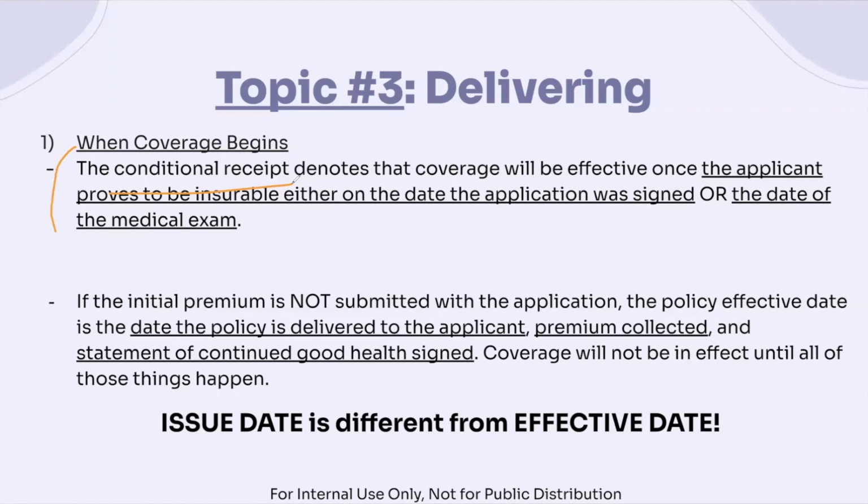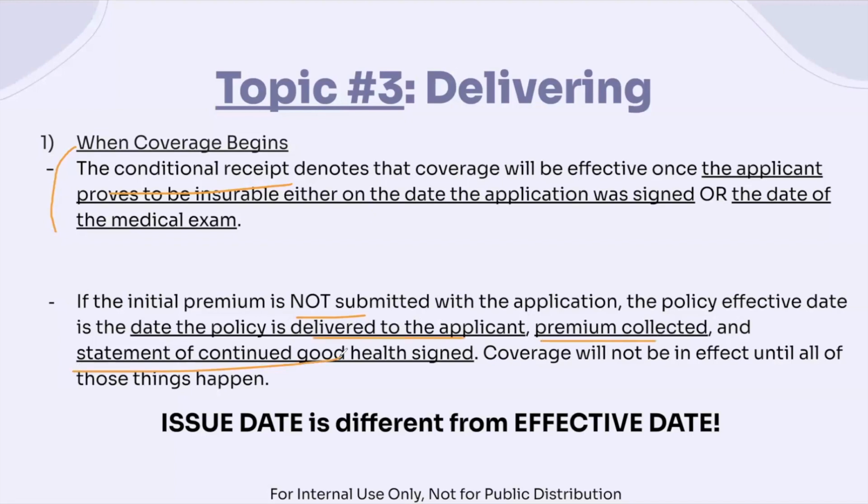So now remember how in topic one, I asked everyone to think about what happens if the initial premium was not submitted. So now here's the answer. If the initial premium is not submitted, then the policy effective date is the date the policy is delivered to the applicant, premium is collected, and the statement of continued good health is signed.